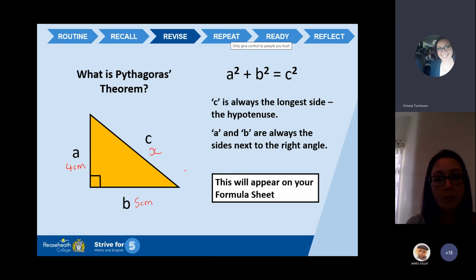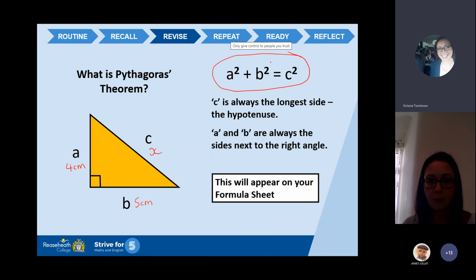Sometimes they'll want to know C, the longest side, and sometimes they'll want to know one of the shorter sides. All we have to do is jiggle the formula around a little bit. I've just said you don't need to remember it, but that's kind of the formula, but we just have to rearrange it a little bit for doing a shorter side.